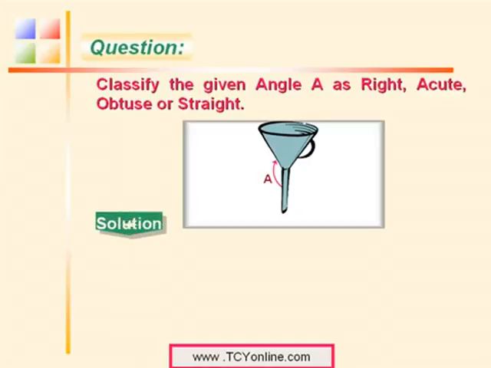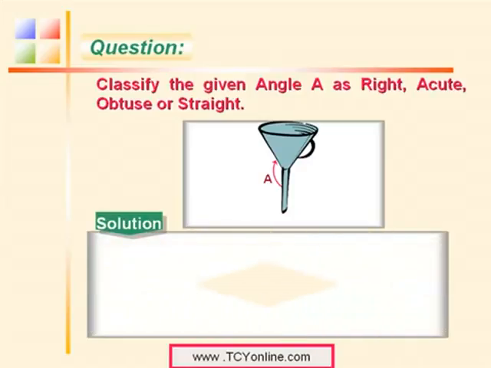Neither is it a right angle, because it is not making a measure equal to 90 degrees. And it appears to be more than 90 degrees. So that means simply this is an obtuse angle.